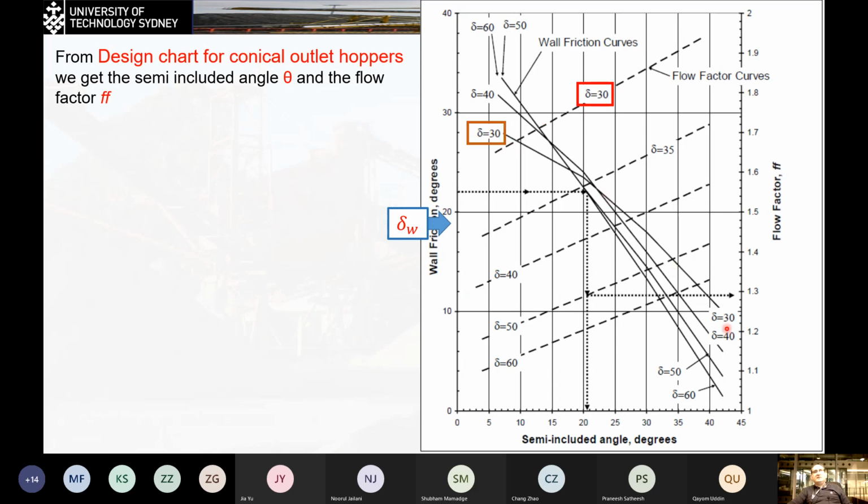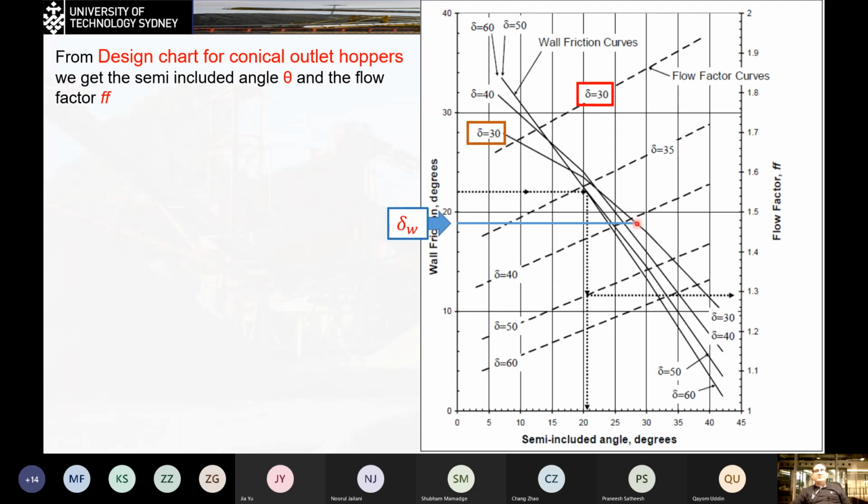This is 30 degrees, and this is 30 degrees. I'm going to sketch a horizontal line from the 19, which is going to intersect with the 30 degree lines we have here. This will be the intersection point.